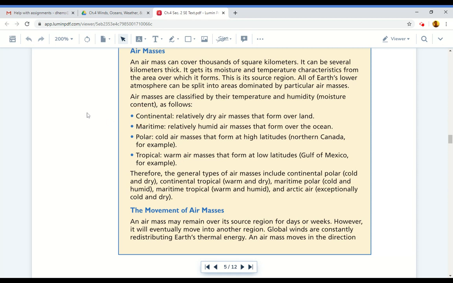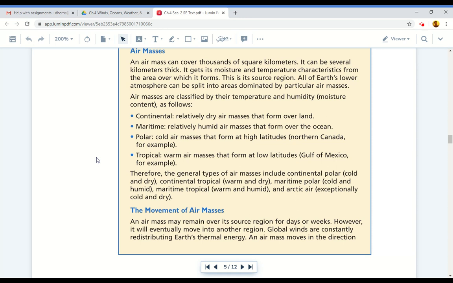Continental: relatively dry air masses that form over land. Maritime: relatively humid air masses that form over the ocean. Polar: cold air masses that form at high latitudes, Northern Canada, for example.